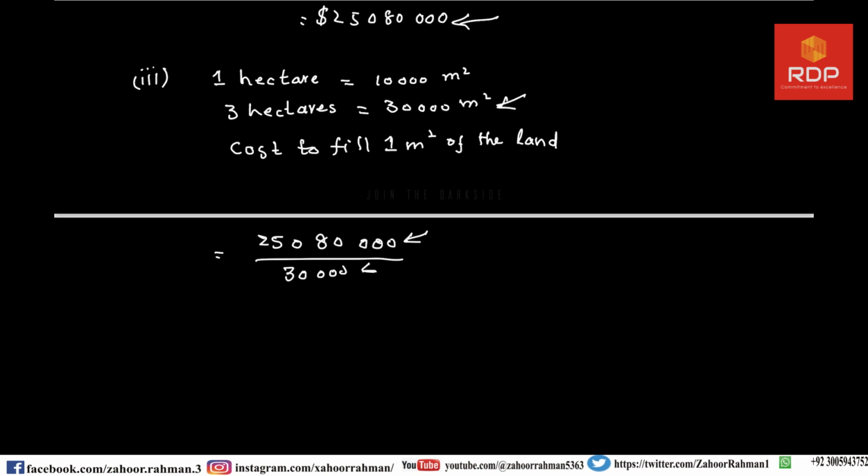So we will be able to find the cost of 1 meter square, and when we calculate it, it means that these 4 zeros will be cancelled, and when we divide 2508 by 3, we will get 836.